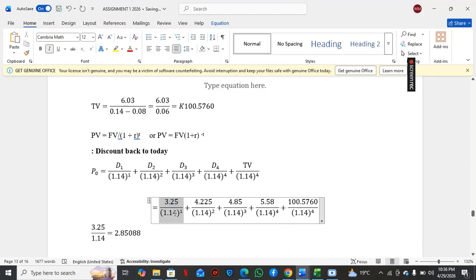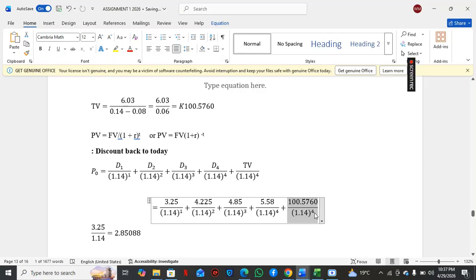So you do 3.25 divided by 1.14, 4.25 divided by 1.14 squared, 4.85 divided by 1.14 to the power 3, 5.58 divided by 1.14 to the power 4, then 100.5760 divided by 1.14 to the power 4.